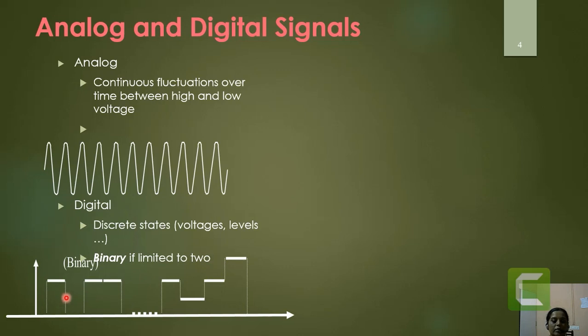In the following diagram, you can see here is one level, which may be said to be a high level, and this will be termed a low level. But in the forthcoming part of this signal, we can observe this as a low level, this as another level, this as a third level, then again a fourth level. So here four discrete levels are present in this signal. A digital signal is present with a finite number of discrete levels.